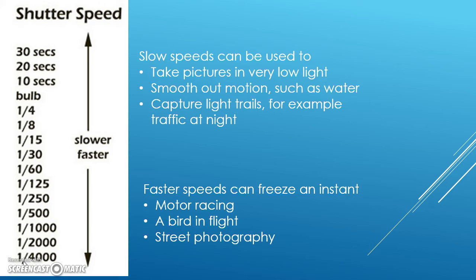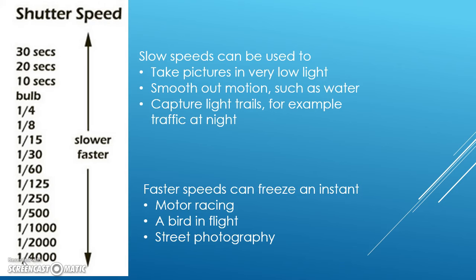So here again, just a very rough picture showing you what you can do. It's mentioning bulb time there as well, which is handy. You would use a slow shutter speed typically when you don't have much light to work with. You can use it creatively for waterfalls or other water to smooth out the waves, and it gives it a very smooth and ripple-free effect, which is very nice.